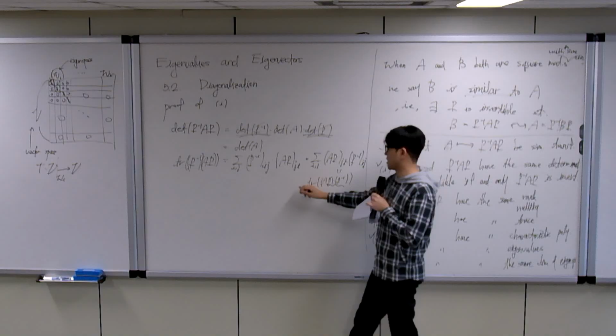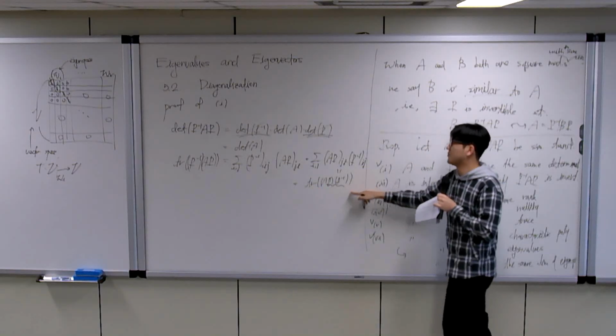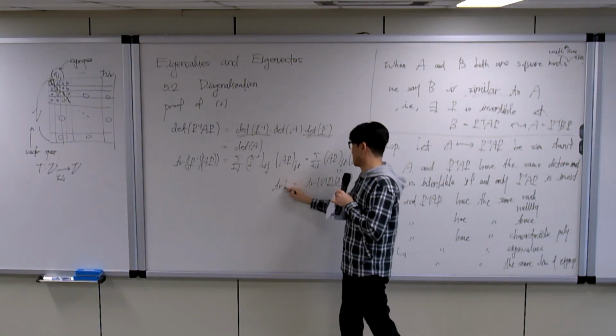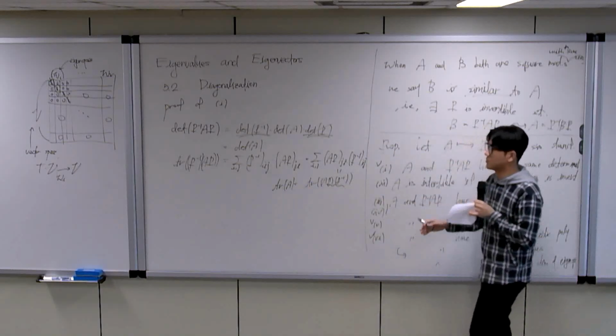So now we'll see how we can make a matrix diagonalizable.